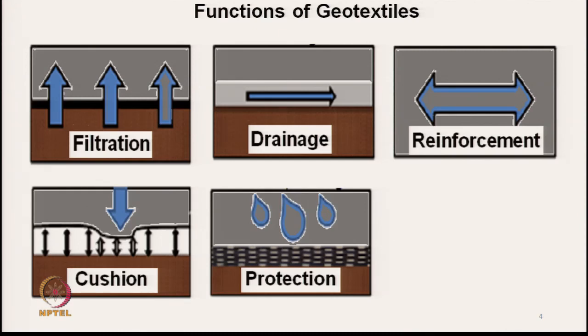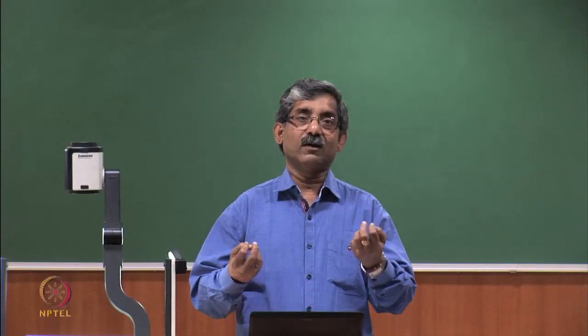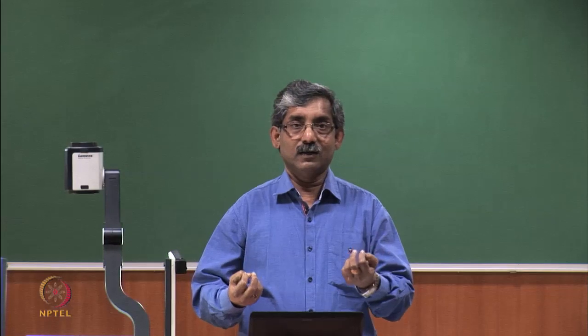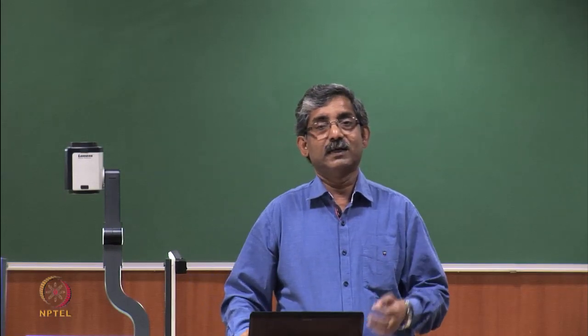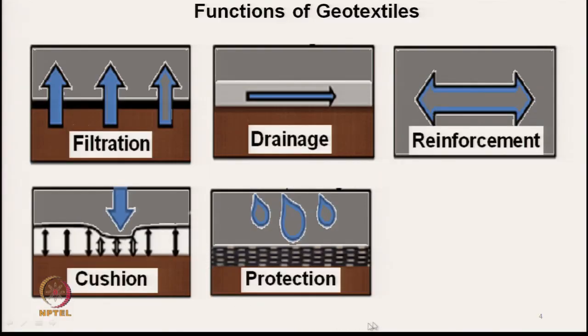Protection of the structure, like penetration of water reduces the strength of the soil structure. So, to protect the structure, if we use water impermeable geotextile, then the strength of the structure will be intact.